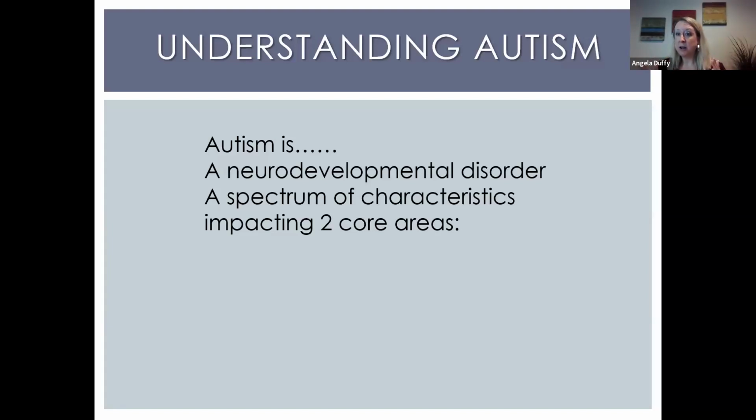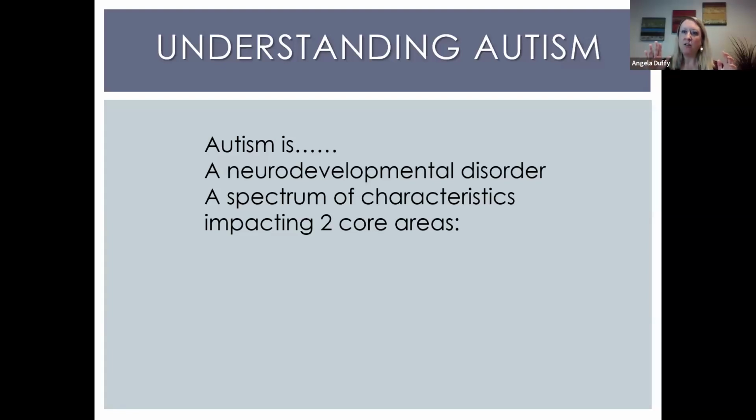And then autism is a spectrum disorder. So individuals with autism lie along this very wide spectrum. And of course, we have to keep that in mind when we're making these visual supports and social narratives. Where does the individual fall along the spectrum?